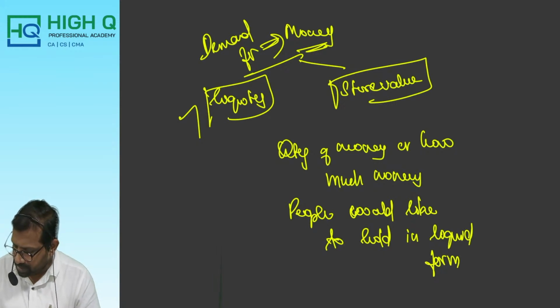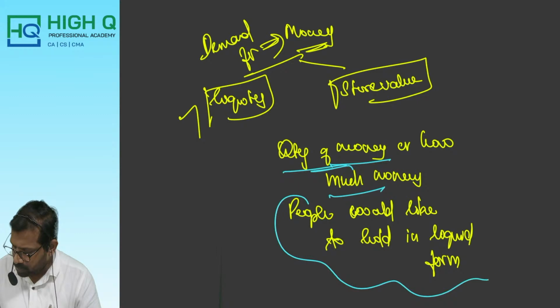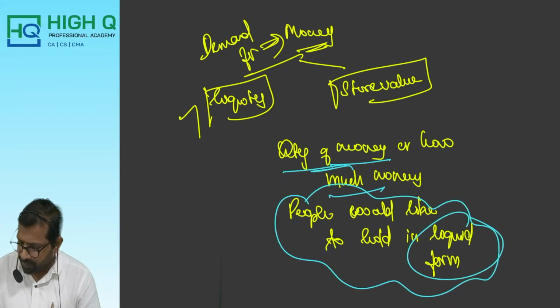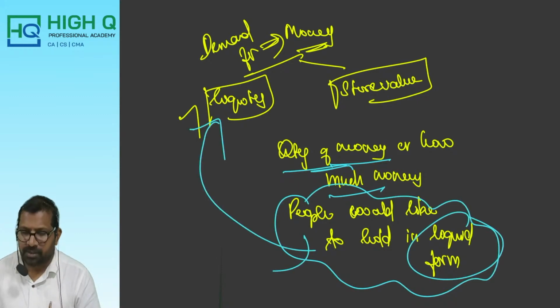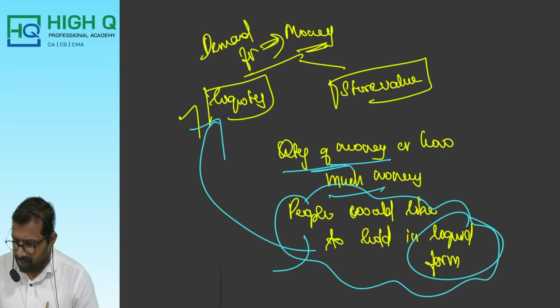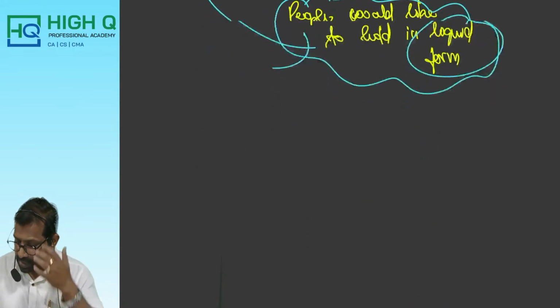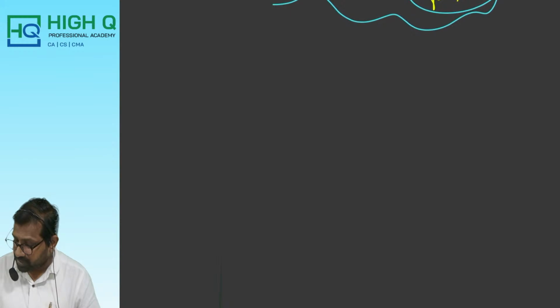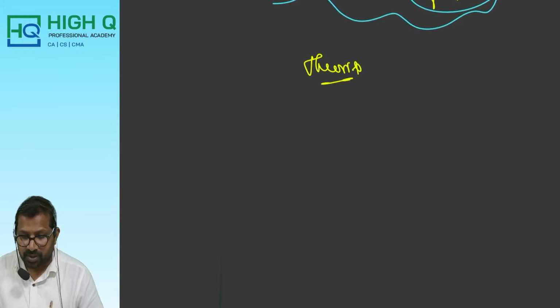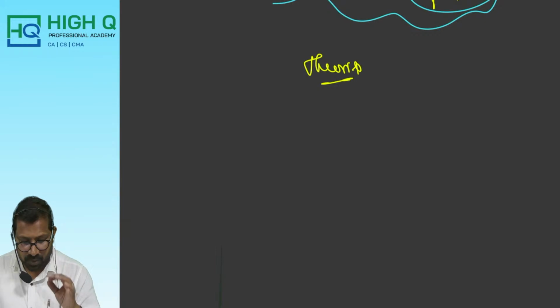Just see here, how much quantity of money, or how much money people would like to hold in liquid form. Here is the first objective. Demand for money, one is liquidity, another is store value. But to analyze that, various types of theories have been enacted.